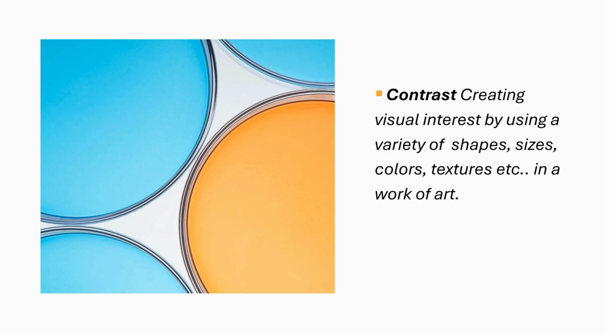It would be unity, it would be cohesive, but it wouldn't have any interest. So in this case, just that simple addition of the yellow lid, the yellow being a warm color and the blue being a cool color, you get a picture that is much more interesting than if everything had been the same.